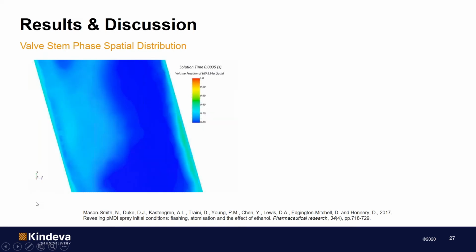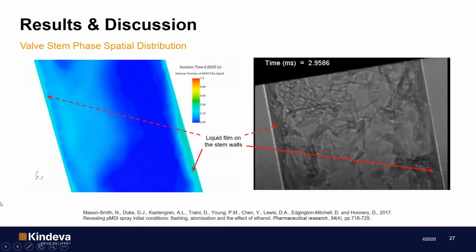The CFD model, right at the beginning of the actuation, predicts that the flow is characterized by liquid wall films and a vaporous core flow. This is also observed in the phase contrast images, as you can see on the right-hand side of the slide.